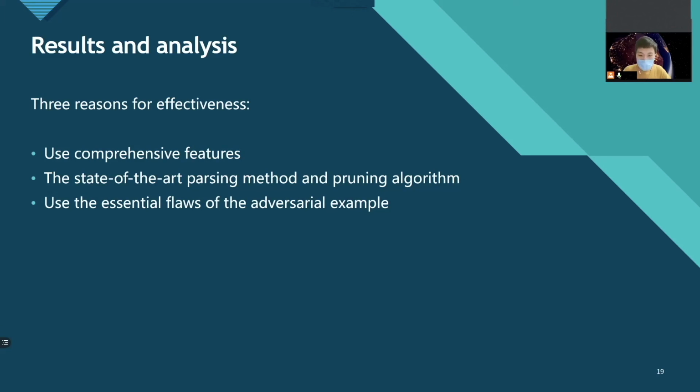Second, we added the state-of-the-art parsing method and pruning algorithm in the early stage. Most importantly, PIR points out the essential flaws of the adversarial example. In addition, our system is slightly higher in average detection time than other detectors. The main reason is the existence of non-optional modules.